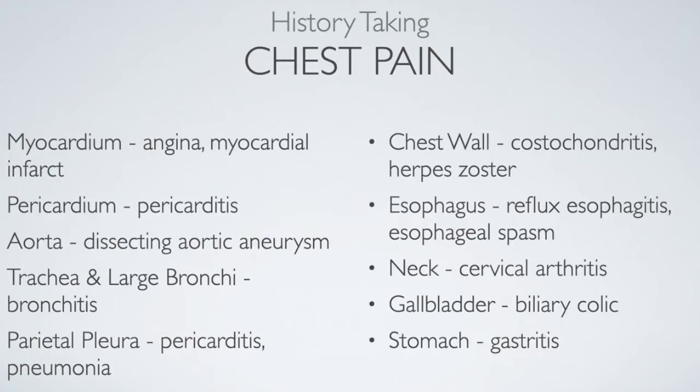The other structure that can cause chest pain would be, of course, your large bore airways like your trachea and large bronchi, in the case of bronchitis. The parietal pleura, similar to the pericardium, is a tough, fibrous membrane, and similarly is not innervated with pain receptors but can perceive stretch. And so we see some chest pain or chest tightness in pericarditis and pneumonia.